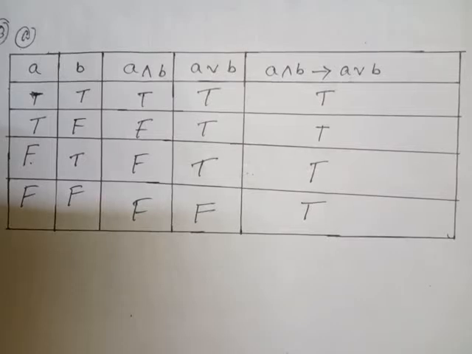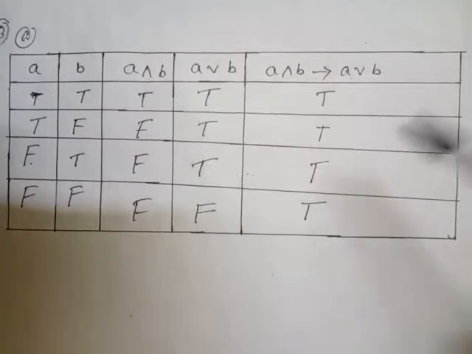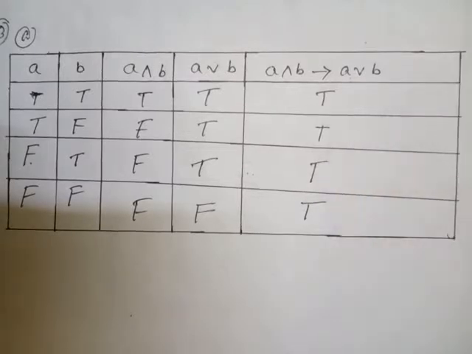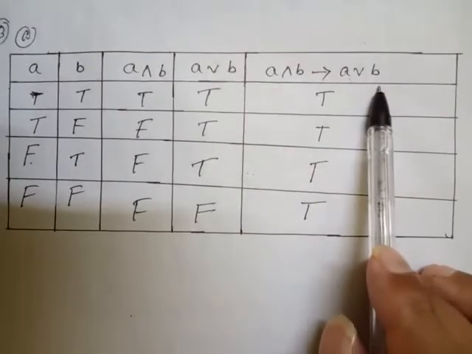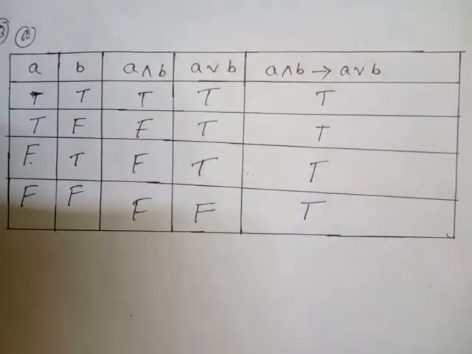Look student, for the implication, here there is total 1, 2, 3, 4 values; at least one false should be here. But there is all true we have got here, so we can say that this statement is the formula according to the implication, depending on these two experiments.